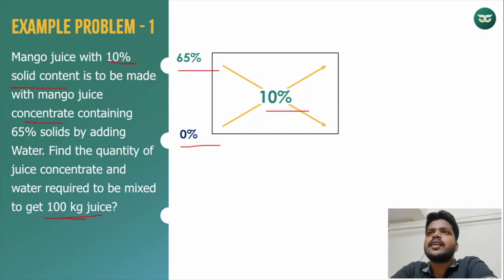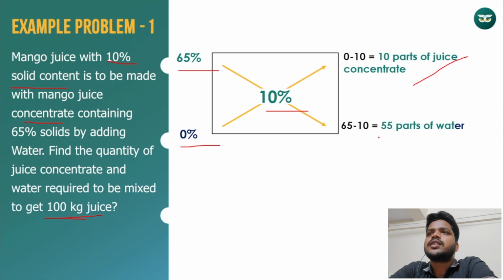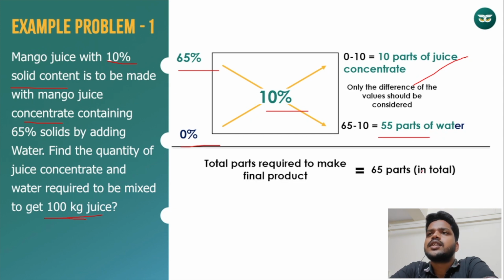If we subtract diagonally, we get 10 parts of juice concentrate and 50 parts of water. Adding these two, we get 65 parts in total. That is the ratio of these two ingredients to make the final product. The negative value is not considered, because we are just finding how many parts are required to make the final product.